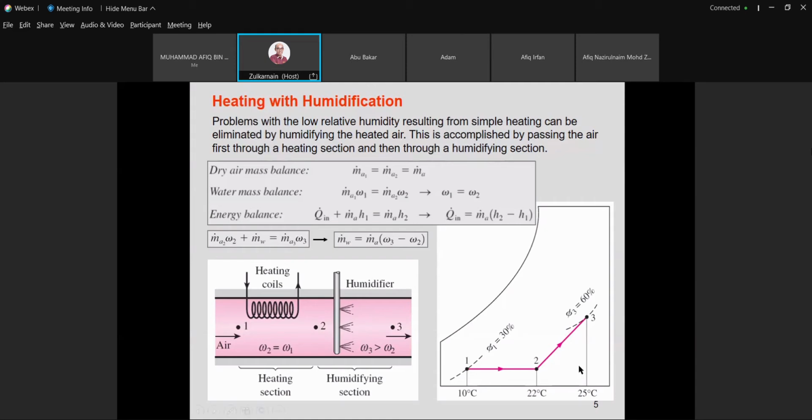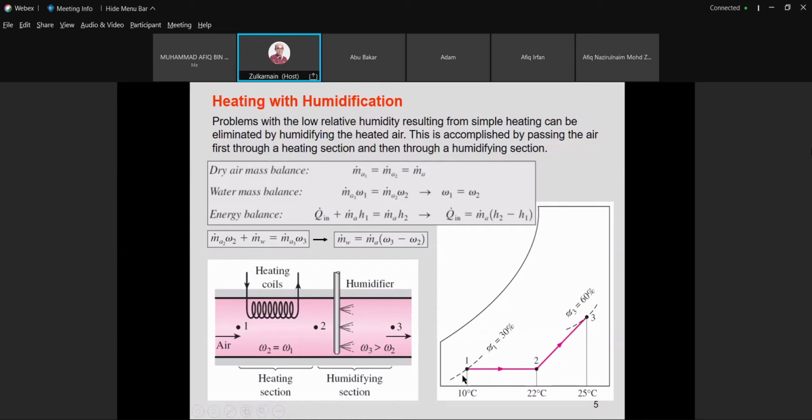Therefore, we increase the omega value up to state 3, whereby we increase the temperature as we are going to have the RH at 60%. So this is the process from state 2 to state 3.